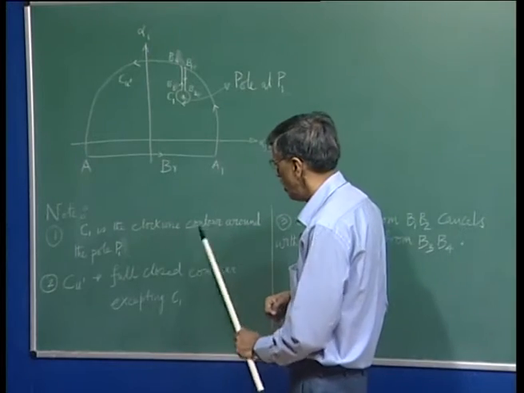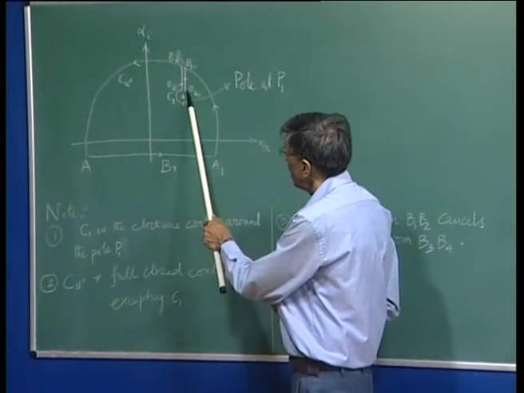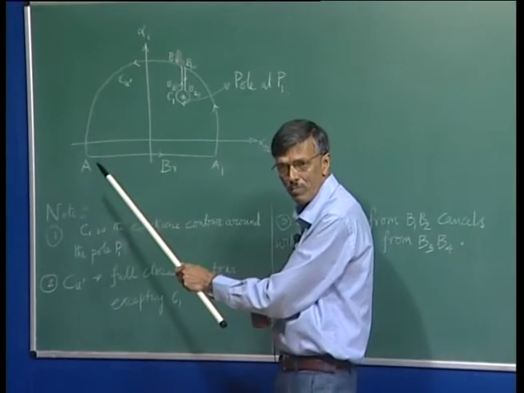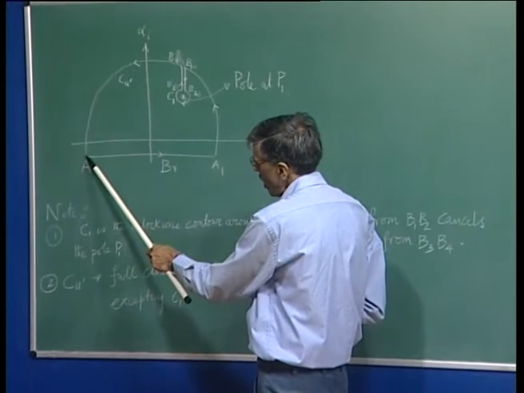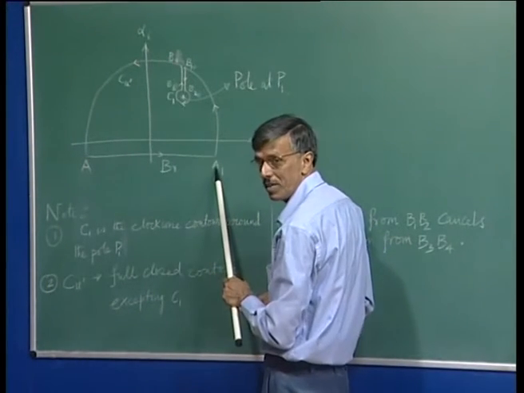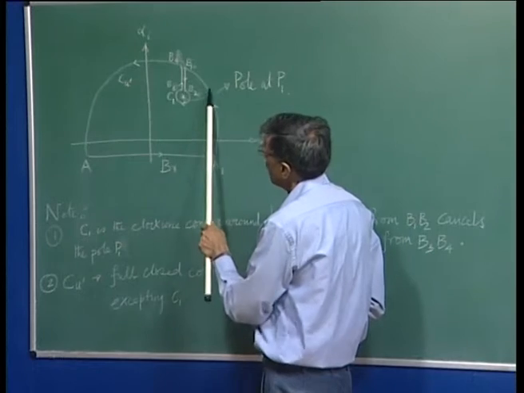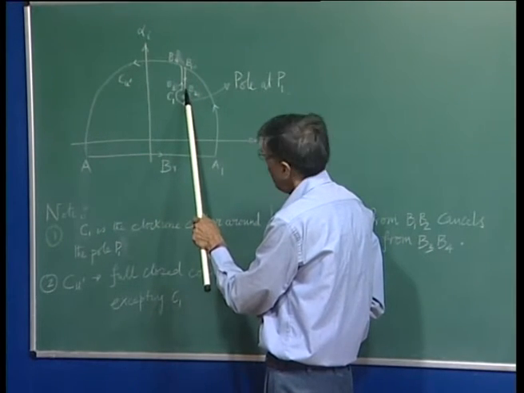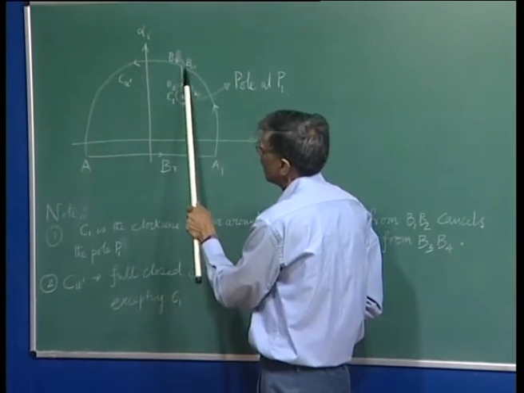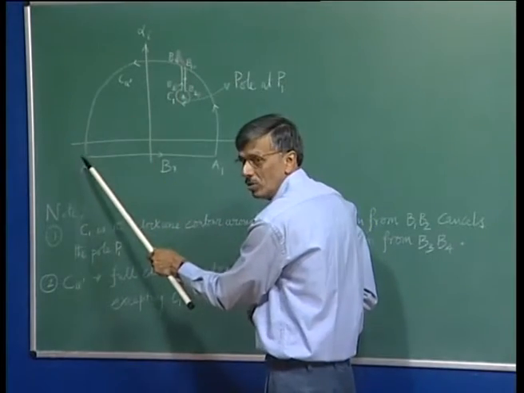Okay. What is this? C1 is the contour, and you see how we have progressed in performing this contour integral. We have gone from minus infinity to plus infinity, then we followed along, then we came down, went around this way, and then went up and then closed the contour.